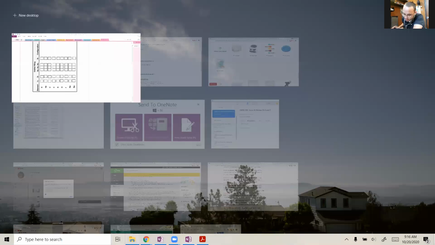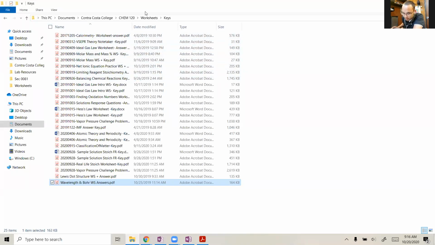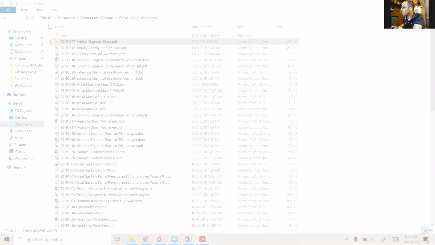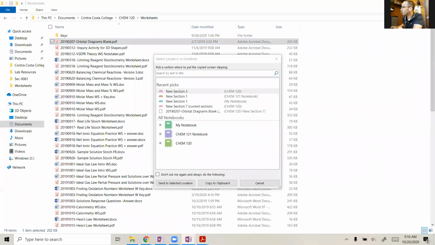So what we're going to do is practice filling in these orbital diagrams, so that way you guys can see what that's like. Let me get this out of the way.